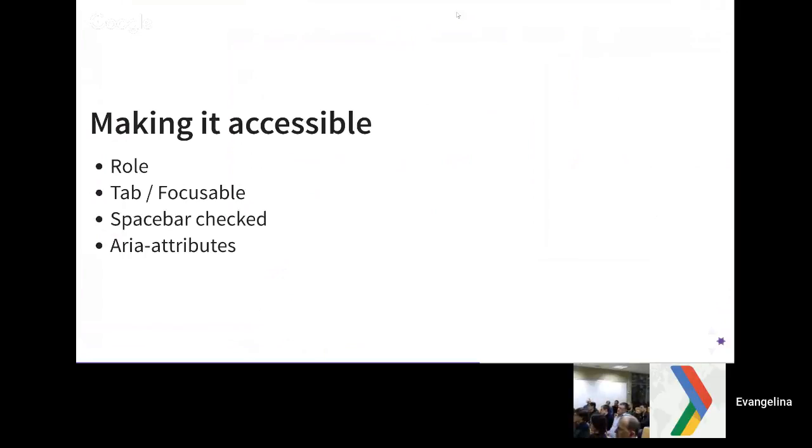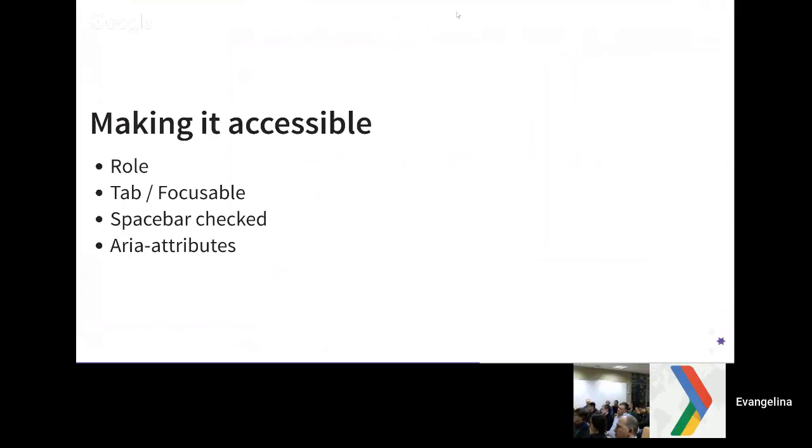And to make this custom element accessible, we will need to provide these 4 things. First, we will need to add a role to this element to be able to describe what this element is, because right now, this element is nothing but a simple neutral tag, so it will be skipped over by the screen reader. Next, if this is a form element, we need to make it focusable so we can go through it by pushing our tab key on our keyboard.